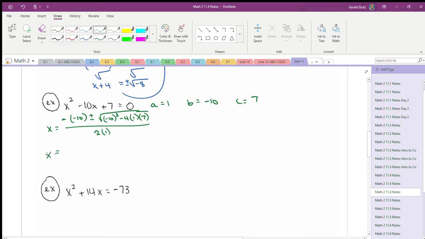I can simplify a little bit here. So negative negative 10 becomes positive 10. Negative 10 squared is 100. And then 4 times 1 is 4. 4 times 7 is 28.